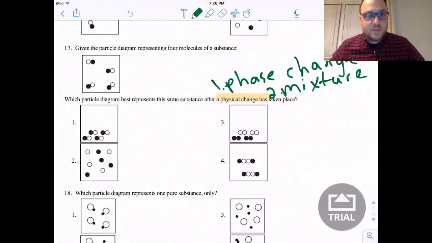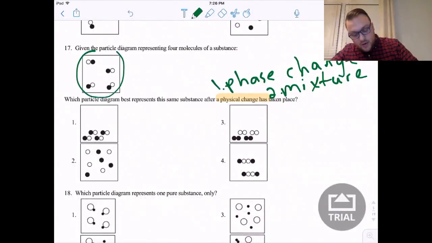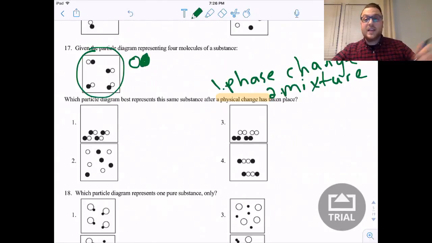So if we look at the particle diagram here, I see 4 compounds that each look like this. So my answer choice better have 4 things that look like this. And if they don't, then that is not a physical change, that is a chemical change. And if I look at 1, 2, 3, and 4, 2 completely separated, both of them.